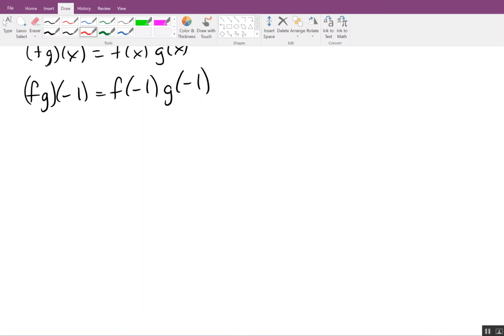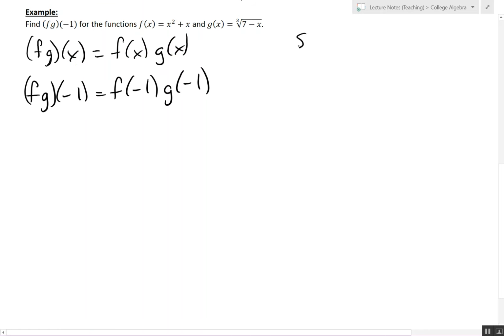So now let's figure out, with a little bit of side work, what these values are. So f of negative 1, well, this is going to be negative 1 squared plus negative 1, by taking negative 1 and replacing this x and this x with it.